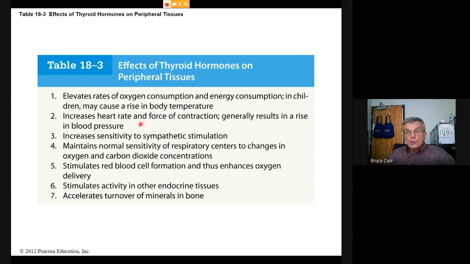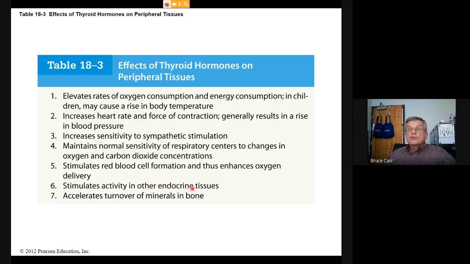Blood pressure goes up. Sympathetic stimulation becomes easier to achieve. Sensitivity of the respiratory centers to oxygen and CO2 concentrations is enhanced. Red blood cell formation is stimulated, and over a period of hours to days, that means oxygen delivery is enhanced.